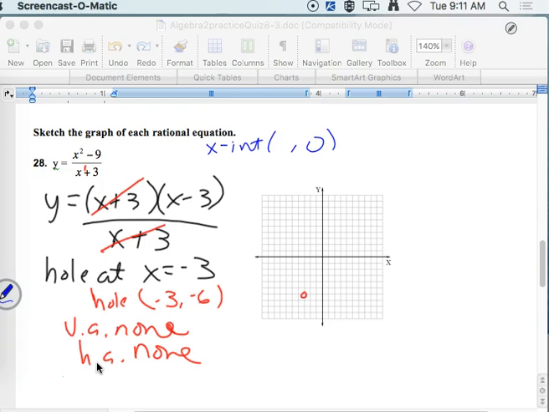Remember, this is where the hole is, so we can't use that one. So 3, 0. Y-intercept, 0, something. What's the something? -3. Yep, these x's will be gone. It'll be -9 divided by -3. Oh, we've got a couple points that are on our graph. 3, 0. And 0, -3.